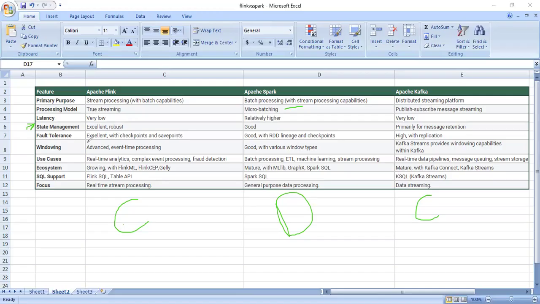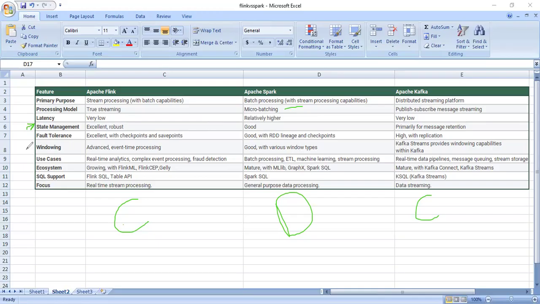Coming to the fault tolerance aspect of Flink and Spark, both are good. Spark achieves fault tolerance through its RDD lineage and checkpointing concept, and Flink achieves fault tolerance through the checkpoints and savepoints concept. In due time, I will be launching videos with code on Flink and Spark. There, I will be talking about the difference between checkpoint, savepoint, and of course, a lot more things.